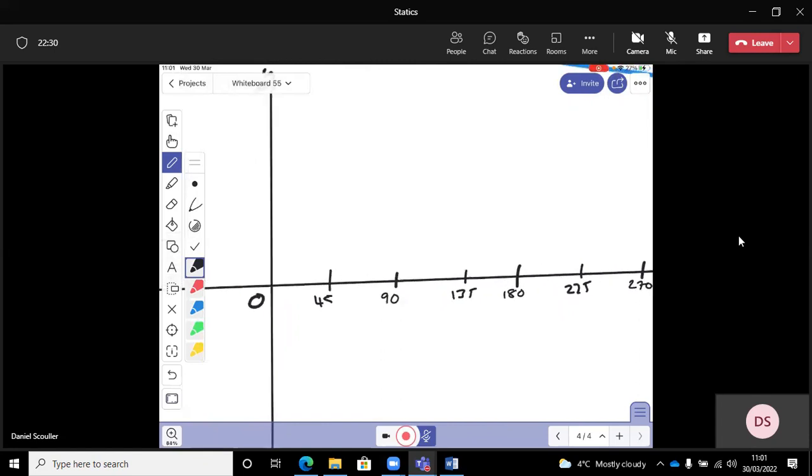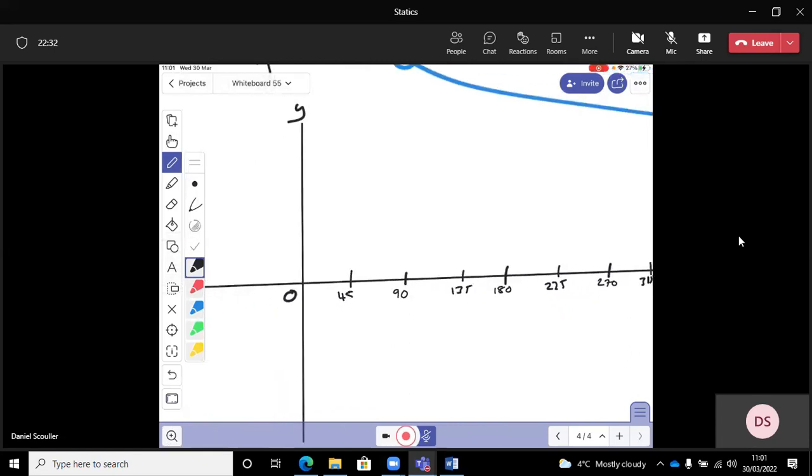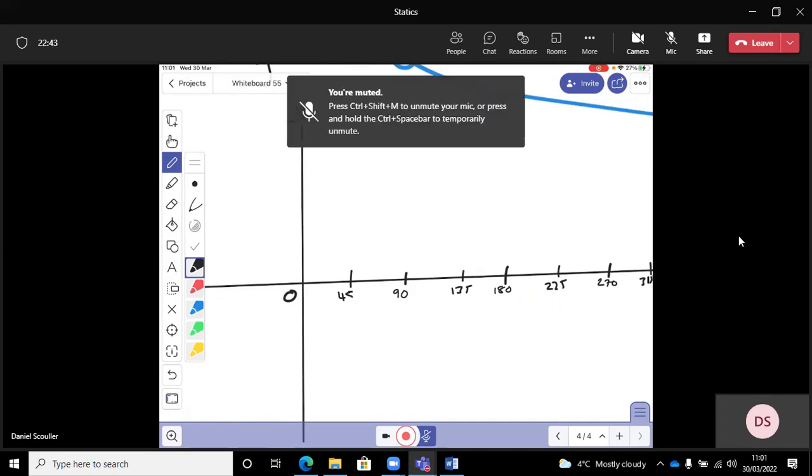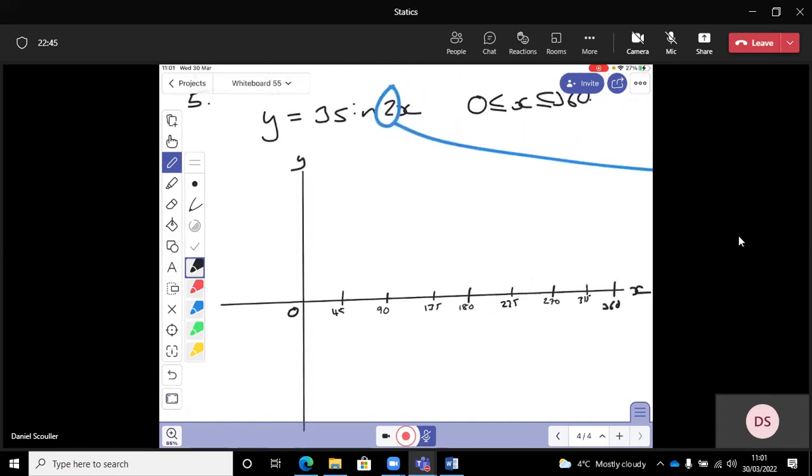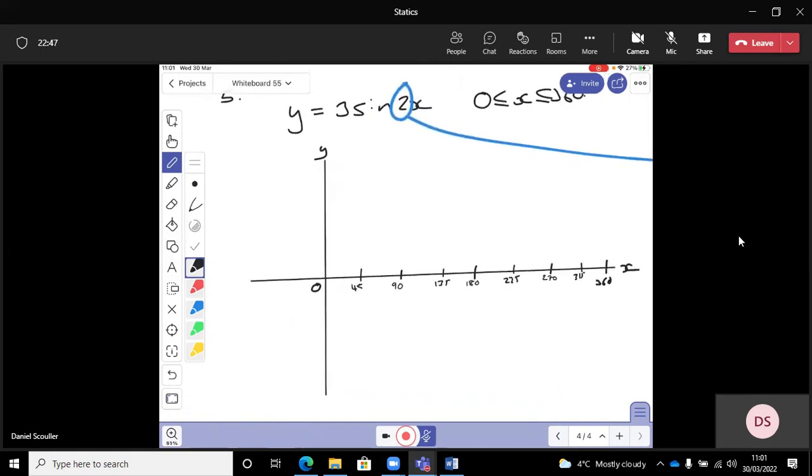That's because we're going to get one full wave between 0 and 180. We're going to get 2 full waves between 0 and 360. So all your milestones are going to happen at every 45.